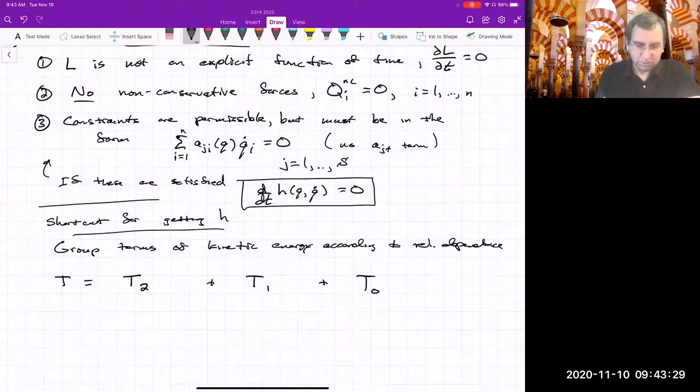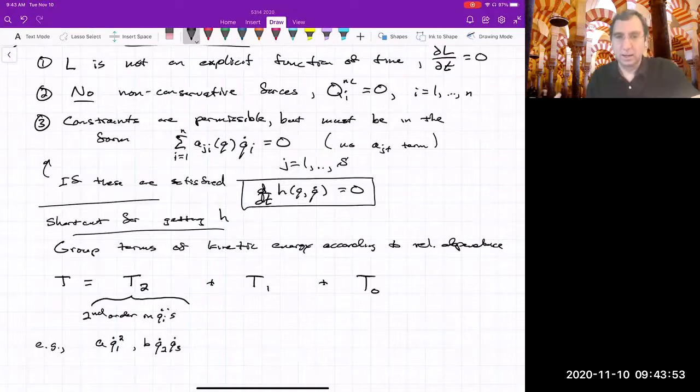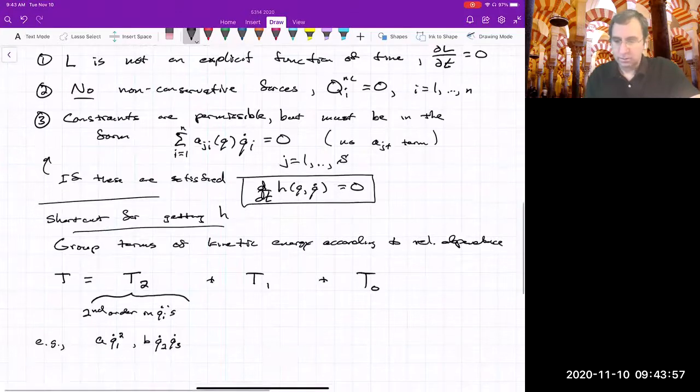What do the subscripts mean? T2, these are second order in the q_i dots. That means terms like some constant times q1 dot squared, or some other constant times q2 dot q3 dot, something that's quadratic, terms that are quadratic in these generalized velocities.